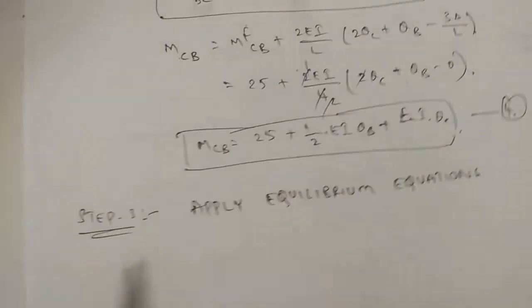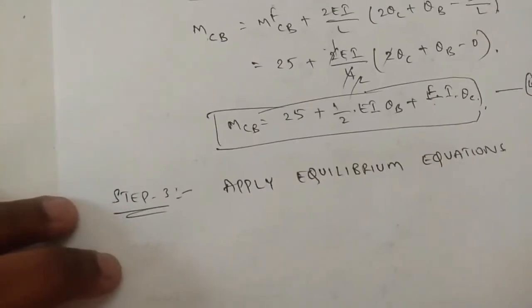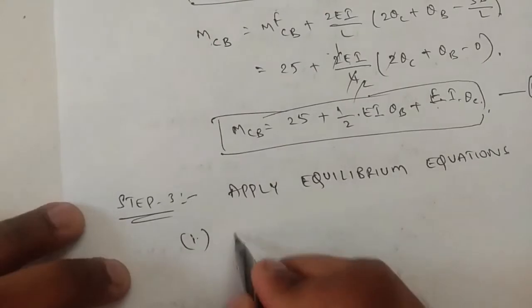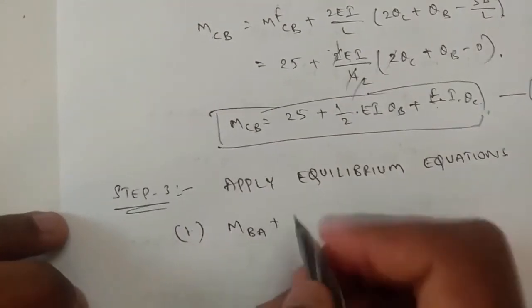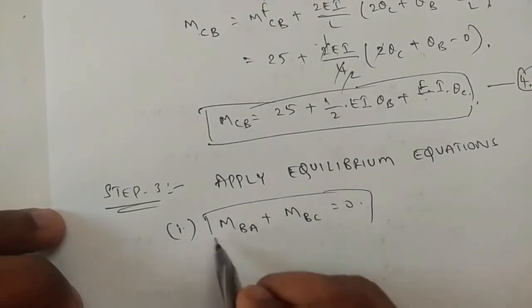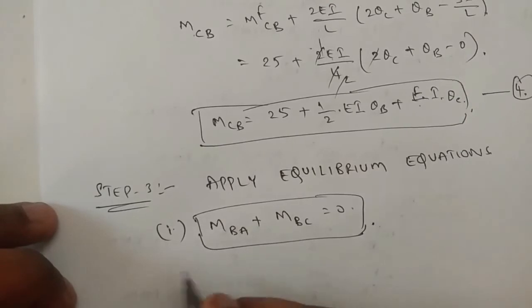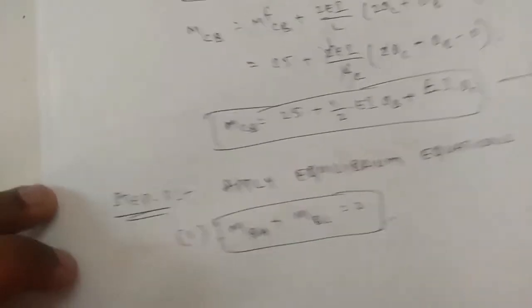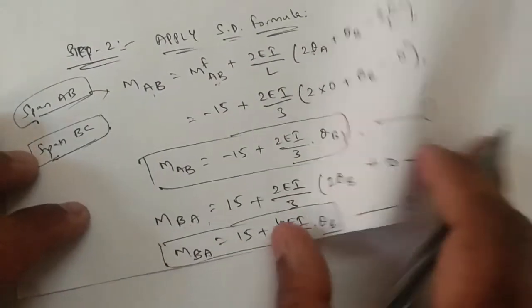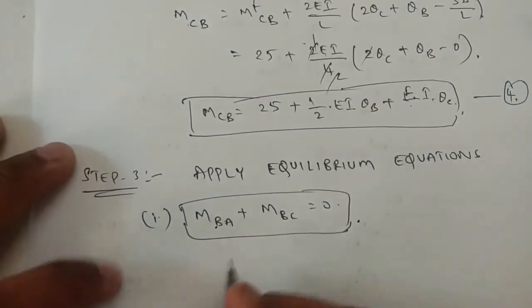So we have two equilibrium equations, first one MBA plus MBC equals 0. This will be my first equilibrium equation for this given problem. These two equations I have to add.